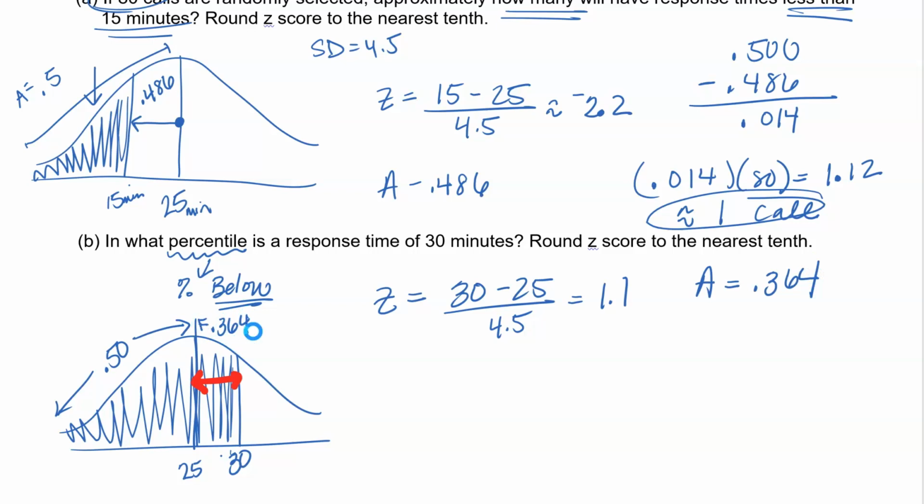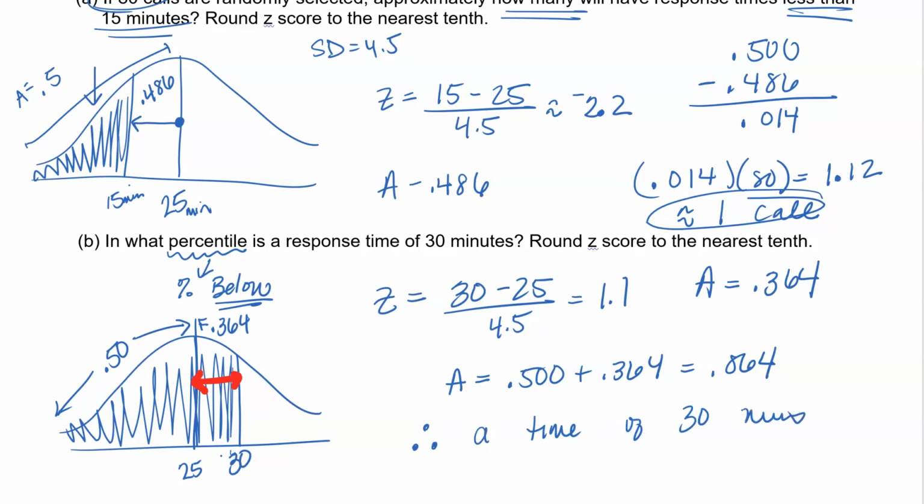And then if I want all of that, so I want the 0.50 and the 0.364, I'm going to add those together. So the total area is 0.500 plus 0.364 equals 0.864. So therefore, a time of 30 minutes corresponds to the 86th percentile.